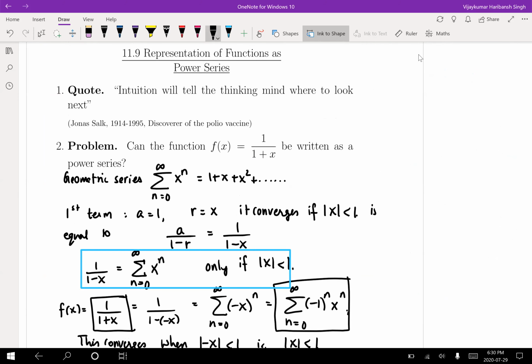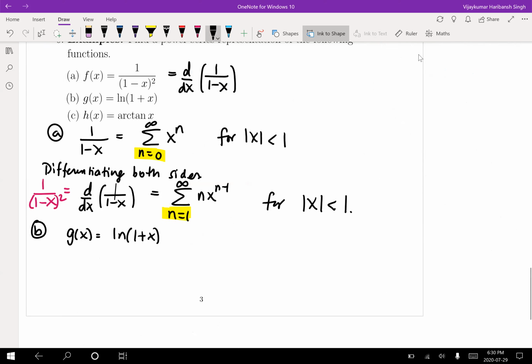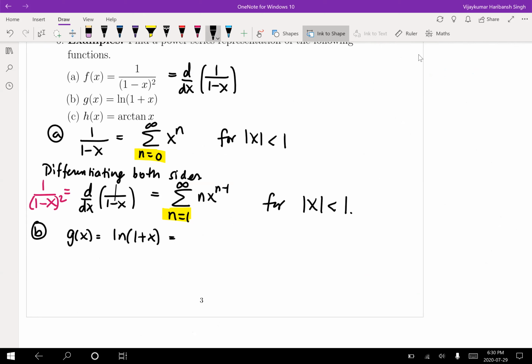So here, this is the same as the integration of 1 upon 1 plus x dx, but we have already established what the series is. So it's going to be the integration of summation n equals 0 to infinity of minus 1 to the power n x to the power n dx. And this is valid for absolute value of x less than 1.